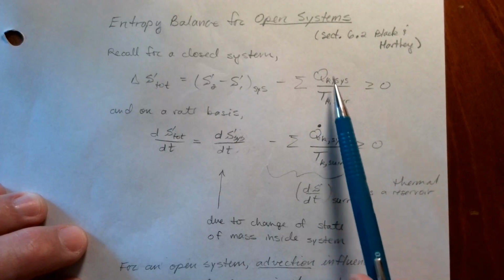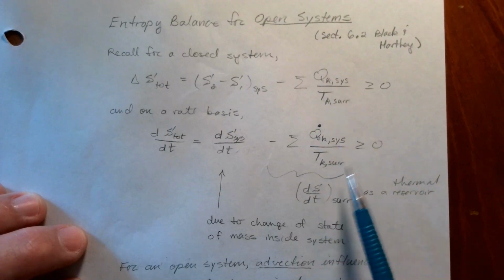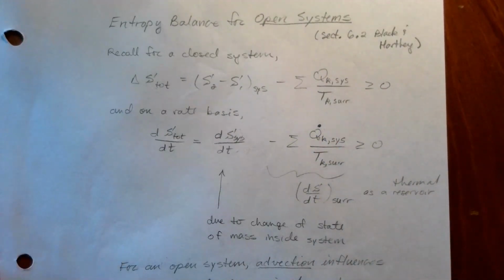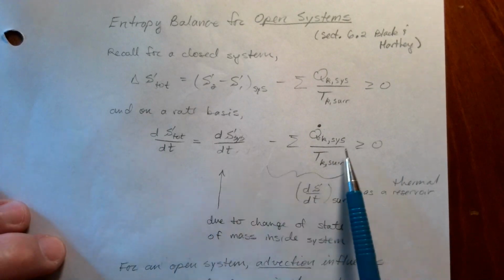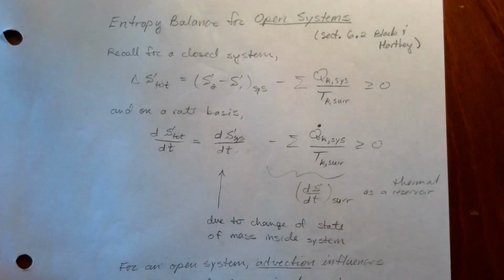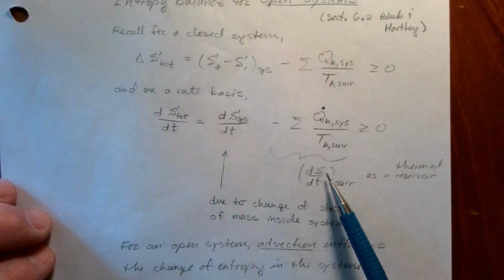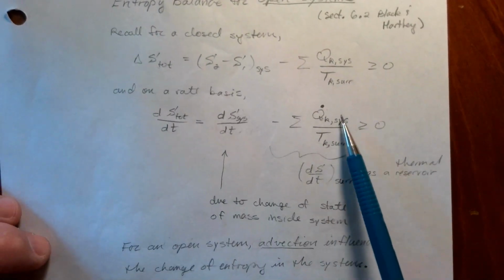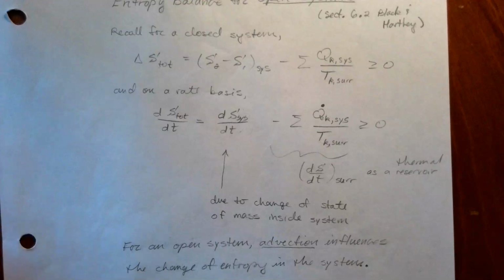This is a rate, so different dimensions between these two. Everything else in the equation is the same. We're just dividing through by delta t, making that a rate basis. Also a little reminder that this is actually dS dt of the surroundings, treating the surroundings as a thermal reservoir.